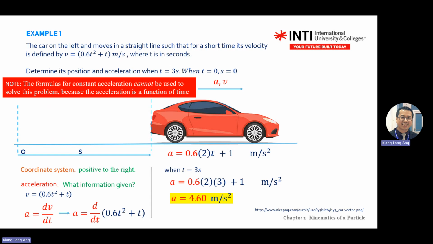Your acceleration is this equation. It's not a constant value. It's a linear equation. So the Newton equation cannot be used. This just shows you when you can use the Newton motion equation and when you cannot. This is very basic.